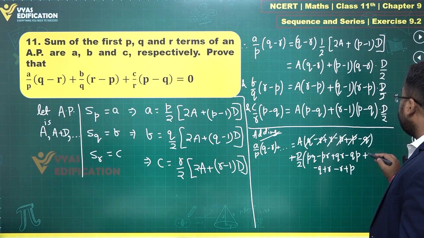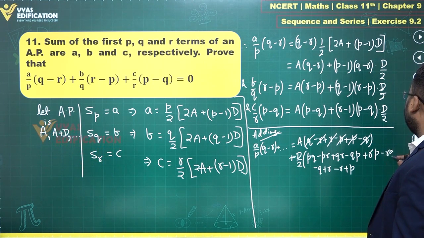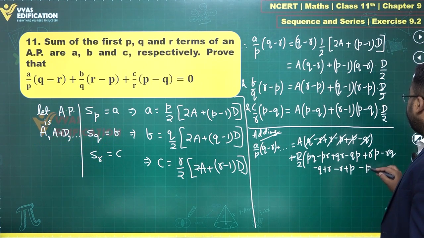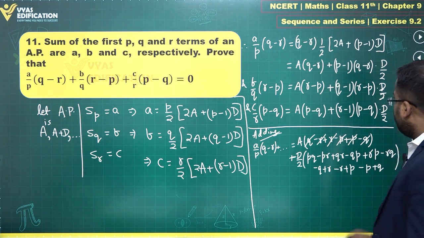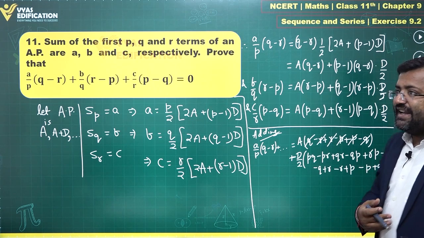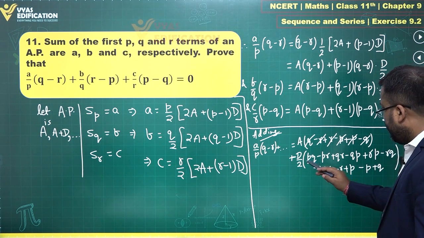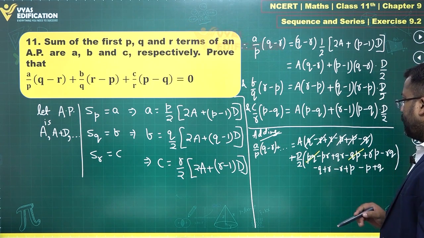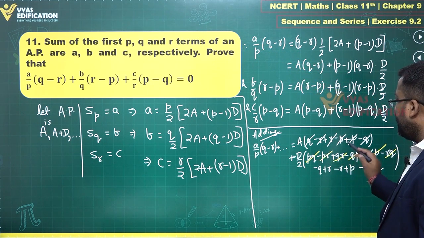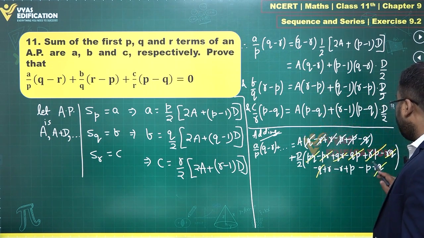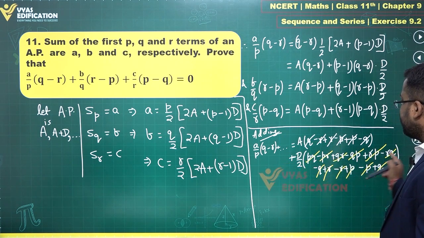Then you have plus RP minus RQ and minus P plus Q. There will be 4 terms. I have written them in this manner so that you can easily see them getting cancelled. PQ minus PQ, QR minus QR, PR, PR, Q, Q, P, P, R, R. Everything gets cancelled. Yes.